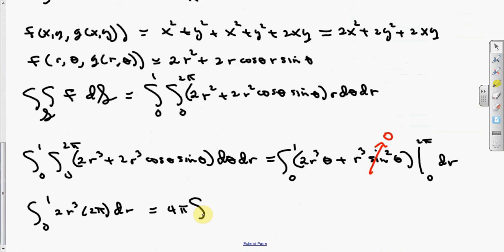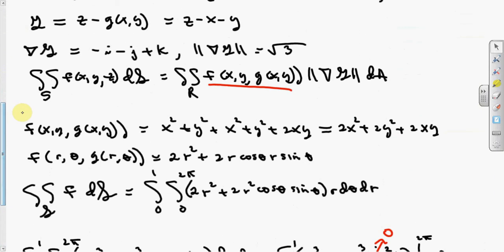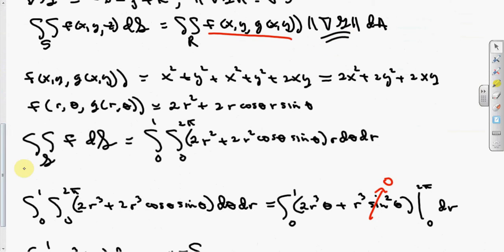Oh man, I forgot that square root of 3. Forgot this right here. Got to put it in there. What are these streaks coming from? I don't even know.